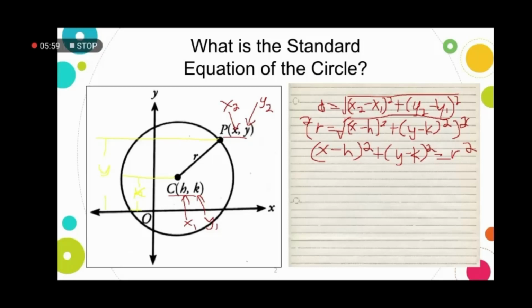The distance from here up to here is h, and the distance from here up to here is x.